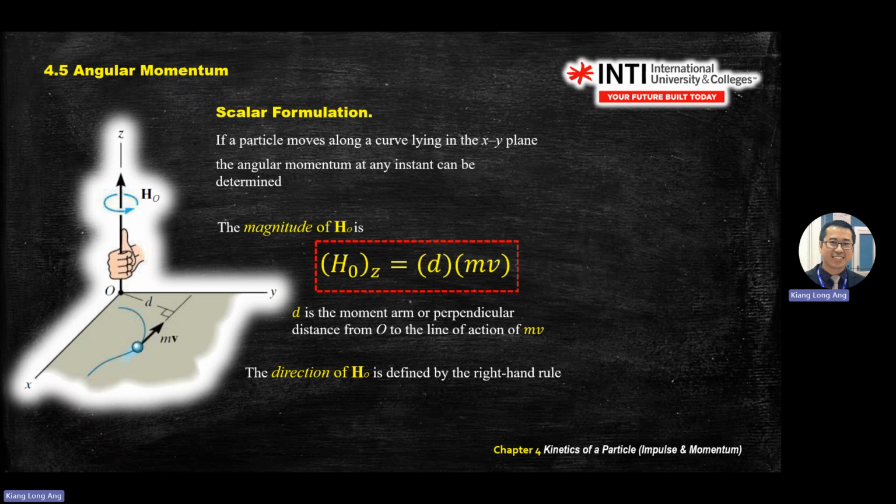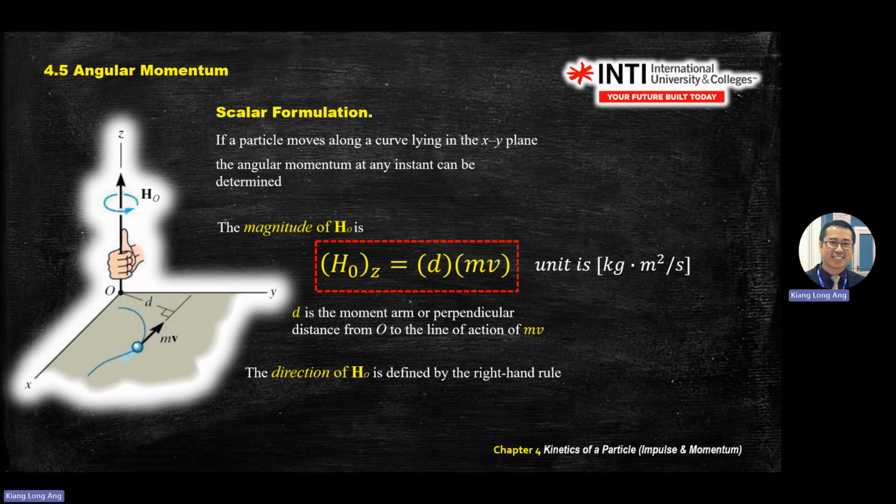The magnitude is d multiplied by momentum. Direction is following your right hand rule, either coming up from the paper or following the thumb. So it's always perpendicular to the plane. This is the plane that the momentum is moving in, the A4 paper plane, and the direction is perpendicular, following your thumb.